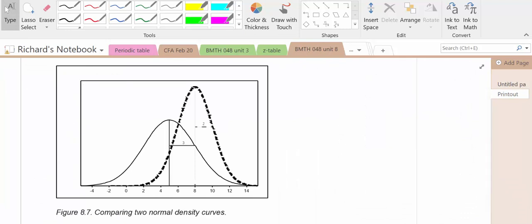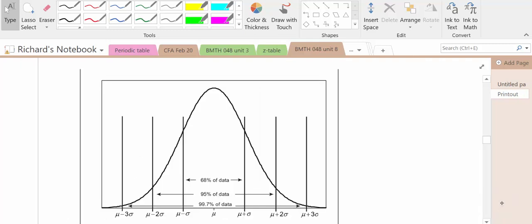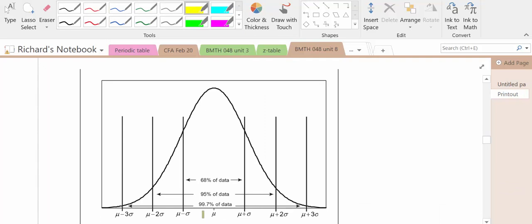And the way we do that is by calculating a Z-score, and that just standardizes the curves. You can see that 99.7% of the data is between 3 standard deviations below the mean and 3 standard deviations above the mean. And so from the shape of the curve, you can see that there's just very, very little data either above 3 standard deviations above the mean or below 3 standard deviations below the mean.